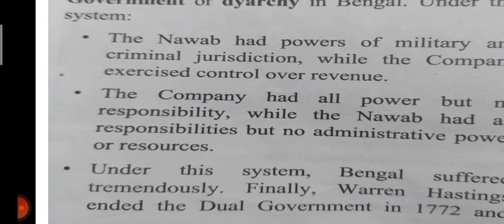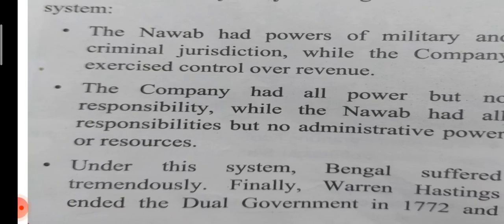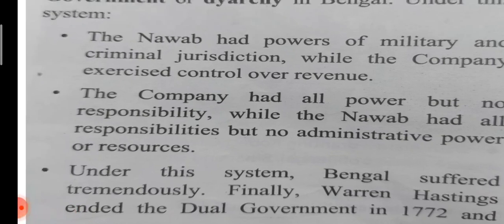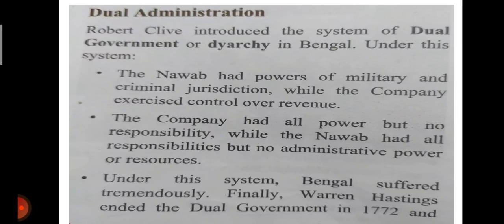The company had all power but no responsibility, while the Nawab had all responsibilities but no administrative power or resources. Under this system, Bengal suffered tremendously. Finally, Warren Hastings ended the dual government system in 1772.